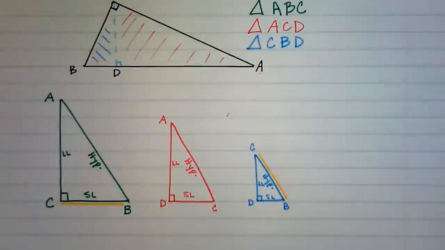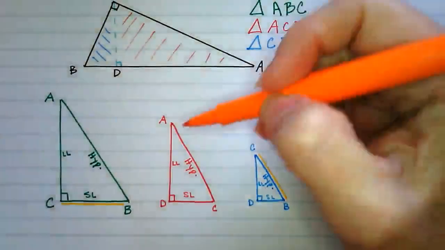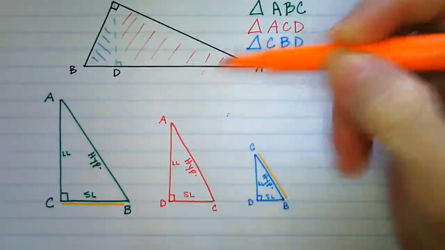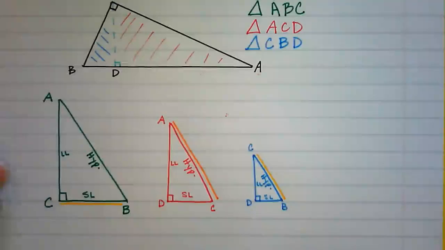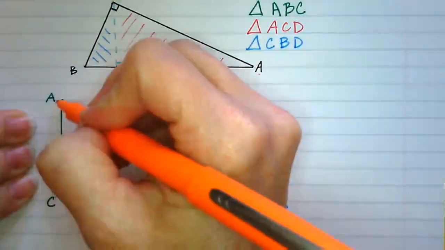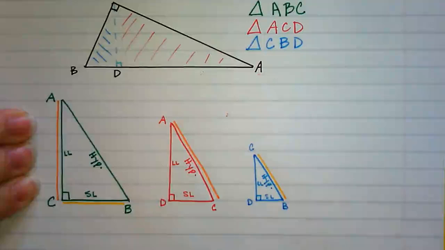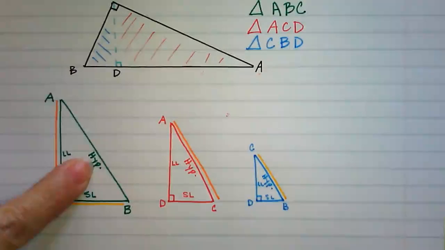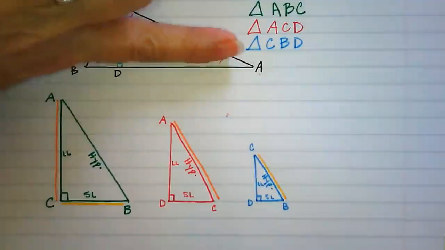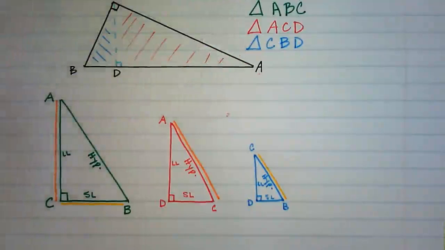Okay? Then we have Mama Bear here. And if we look, Mama Bear's longest side, which is her hypotenuse, is Papa Bear's longest side, which makes sense. His longest side is the flat side of the original right triangle that we cut with the altitude there.